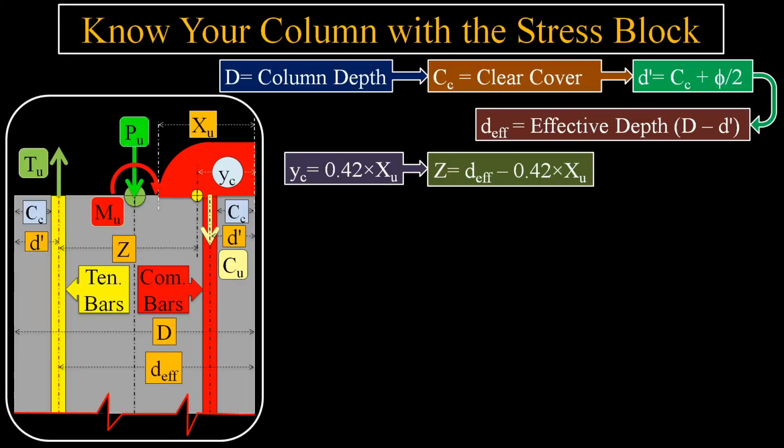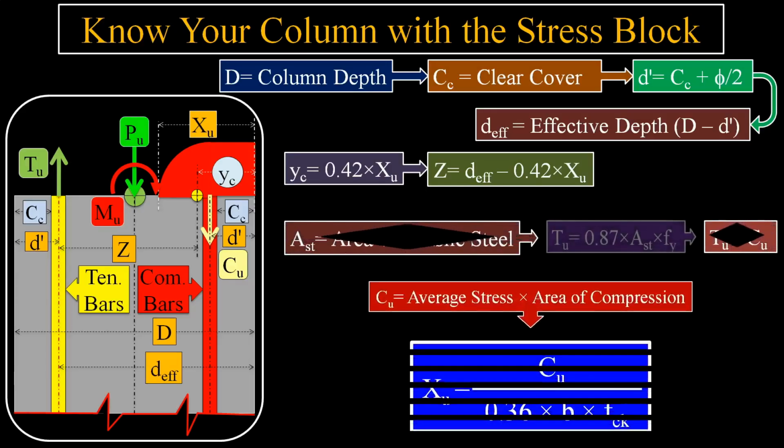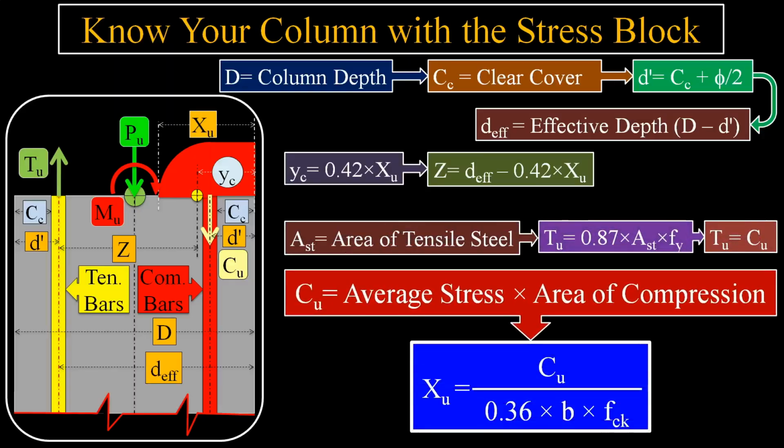The internal lever arm, Z, between the tensile force Tu and the Cg of the stress block, is given by D effective minus Yc.